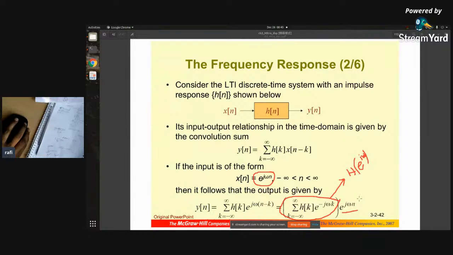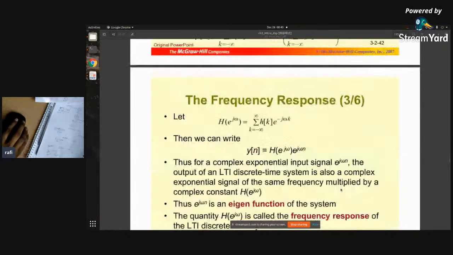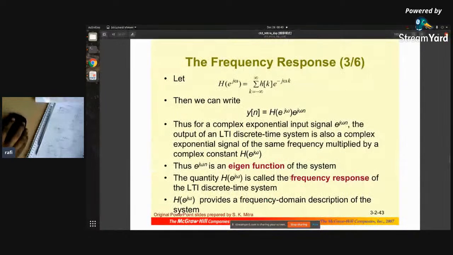So this is, in general, called the frequency response of the system. What is the frequency response of any LTI system? It is nothing but the DTFT of the impulse response of the system, h of n. So this h of n is the impulse response of the system.